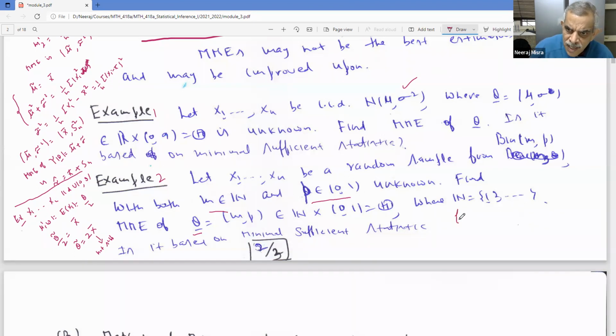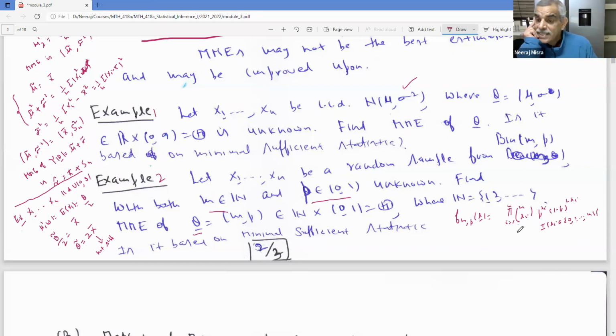The joint pmf would be product i equals 1 to n, m choose xi, p to power xi, 1 minus p to power m minus xi, indicator that xi belongs to 0, 1, up to m.